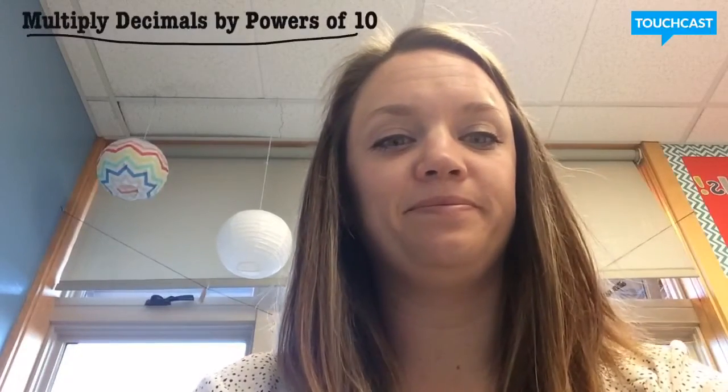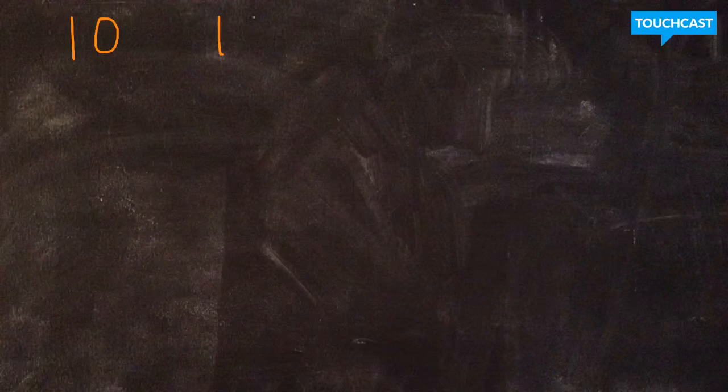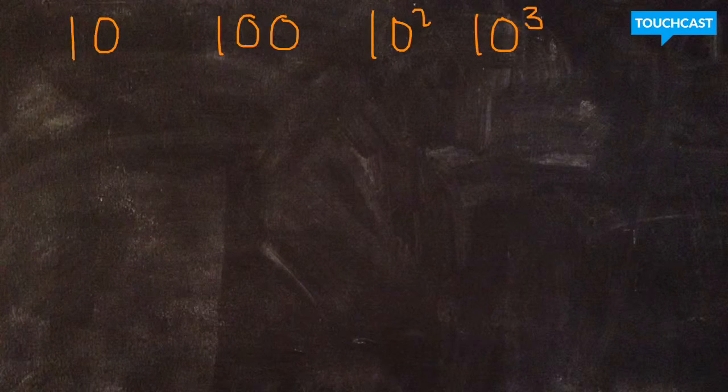Let's get started. I want to take a moment, friends, and remind you what powers of 10 are. Powers of 10 are numbers like 10, 100, 10 squared, 10 to the third power.